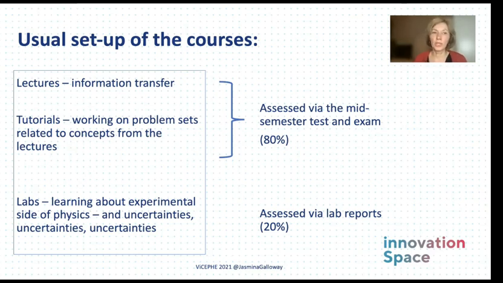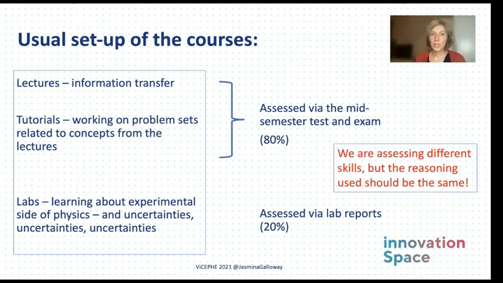Work in lectures and tutorials is assessed via mid-semester tests and exam, and labs are assessed via lab reports. And lab reports tend to be quite prescriptive. We used to want a certain structure where students explain the experiment, how they're taking the data, what the data is and what the data says, and then calculate uncertainties and tell us what that means.